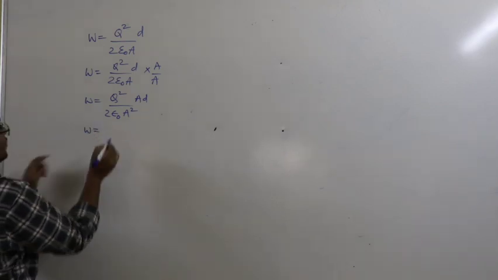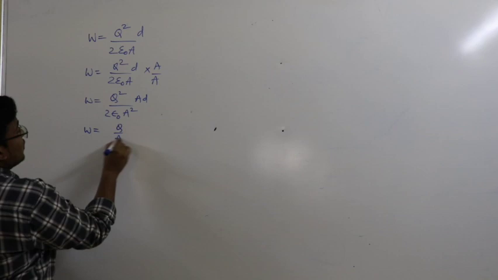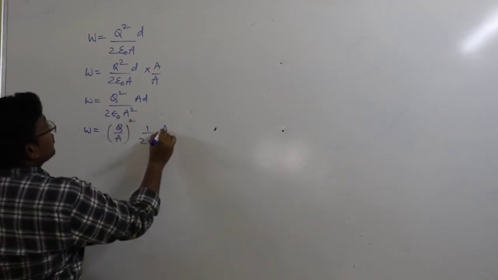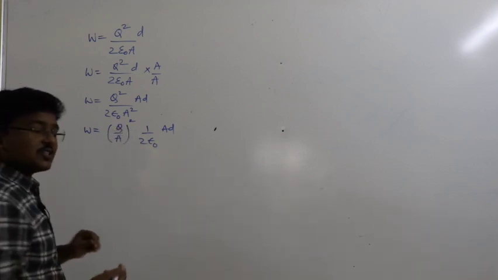So we know Q upon A, Q by A whole square, times 1 by 2 epsilon naught into A d. Charge upon area is called the surface charge density sigma.